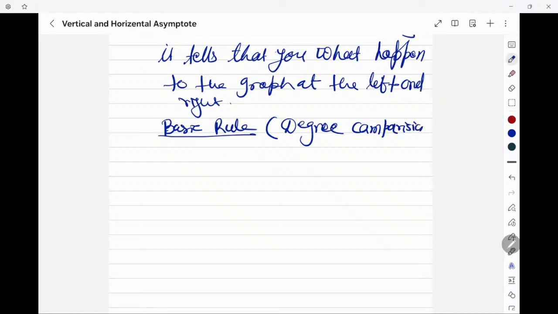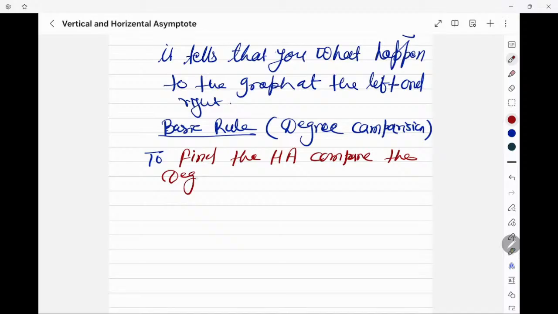To find the HA, compare the degree of the numerator and the denominator.